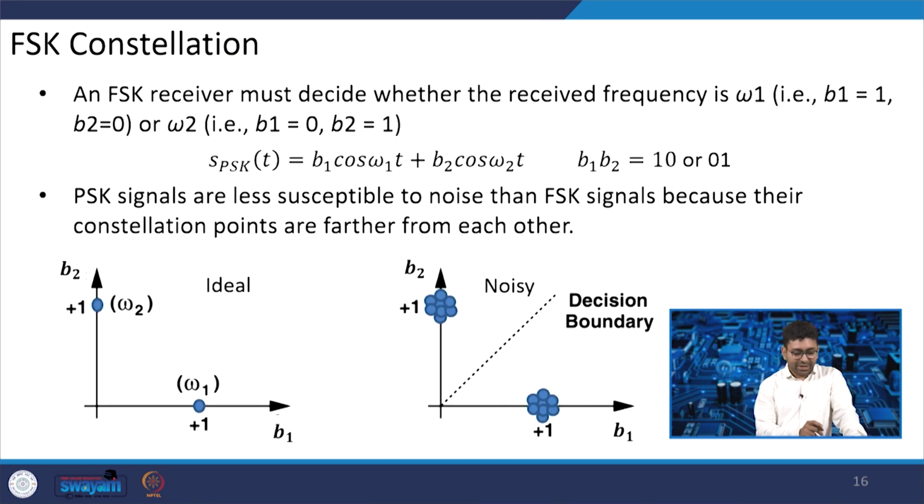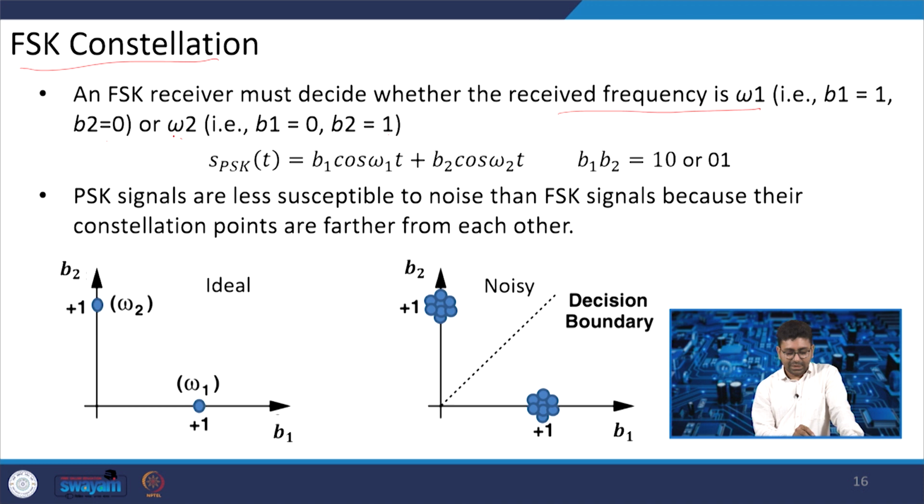There is an FSK constellation. If the frequency is different, in FSK the receiver must decide whether the received frequency is omega 1. Let us say if B1 is equal to 1 and B2 is equal to 0, that means it is omega 1, and omega 2 when B1 is equal to 0 and B2 is equal to 1.